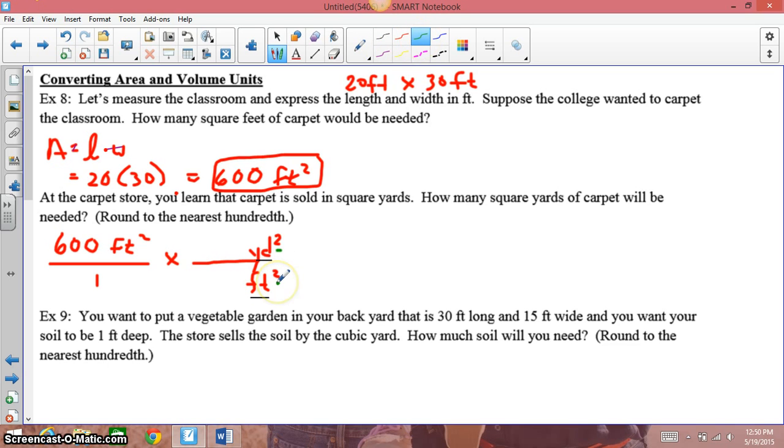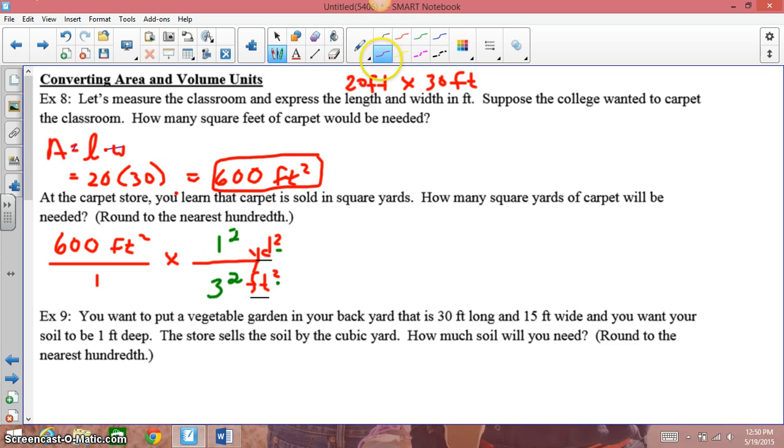So what happens then is if we squared the units, we've got to square the conversion factor. So looking on your formula sheet, it tells you that there are 3 feet in 1 yard. So again, if the units here are squared, I've got to square this conversion factor, like so.